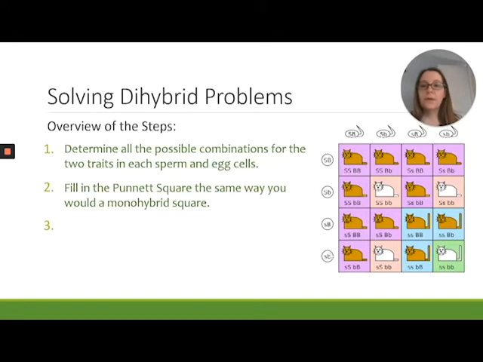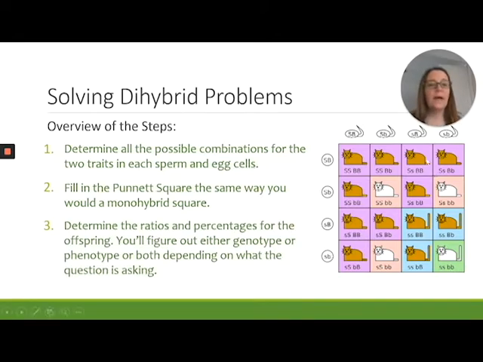The third step would be, after you have your Punnett square all filled in, to take a look at either the phenotype or the genotype and figure out whether half of them, or 50%, or 75%, or 25% of them are a particular phenotype or genotype. As far as working questions and problems, make sure you pay attention to what the question is asking. On a test or a homework assignment, if it asks you for the genotype and you give me the phenotype, it will be incorrect. So just keep that in the back of your mind.